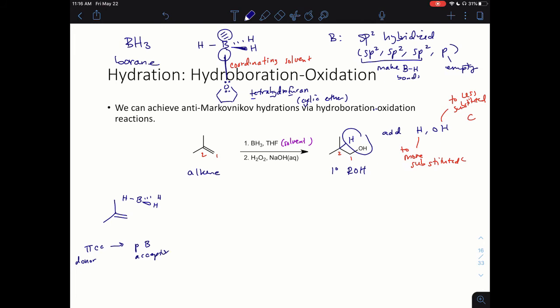We've done a lot of reviewing and deep thinking today, so it's easy to lose track, but we're talking about electrophiles that have donors and acceptors. So what is the donor for borane? You have no choice. The only electrons borane has are those sigma BH electrons. So pi CC attacks boron, and then boron donates its sigma BH electrons to pi star CC.